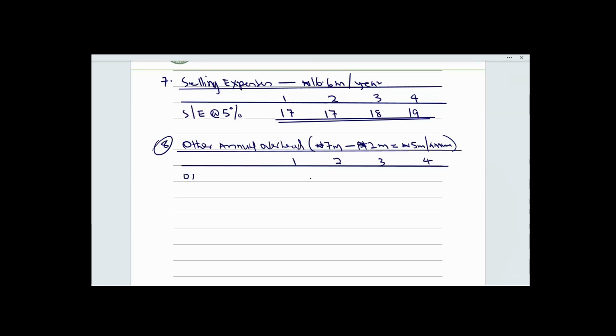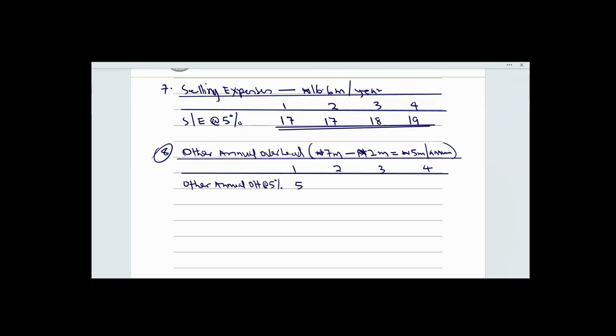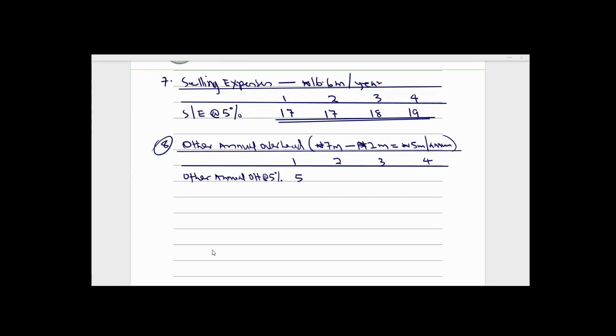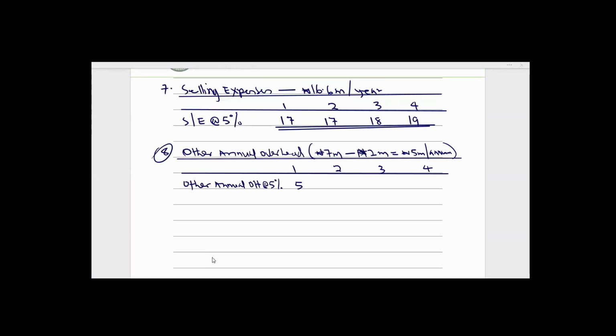So other annual overhead. Let me rewrite it. At inflation of 5%, the first year is 5 million. Therefore, 1.05 multiplied by 5 million.